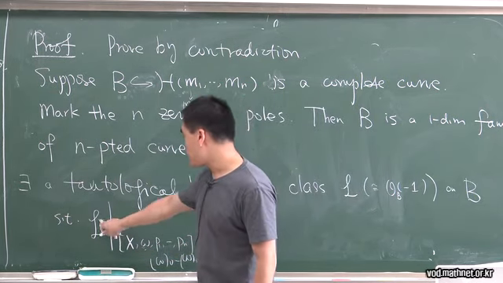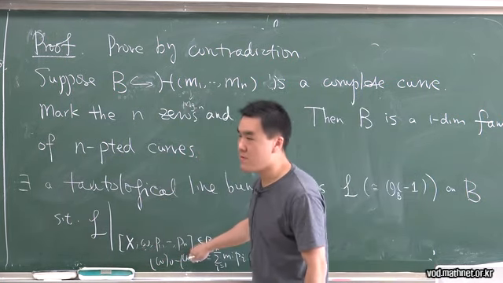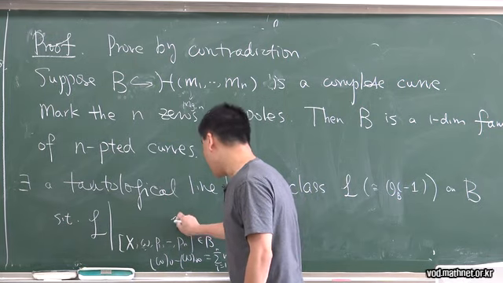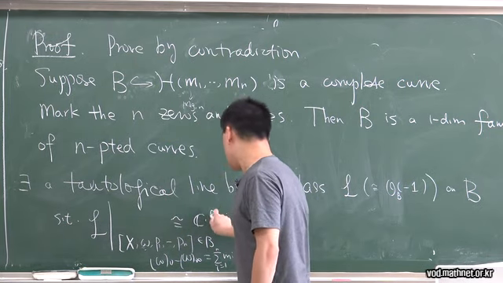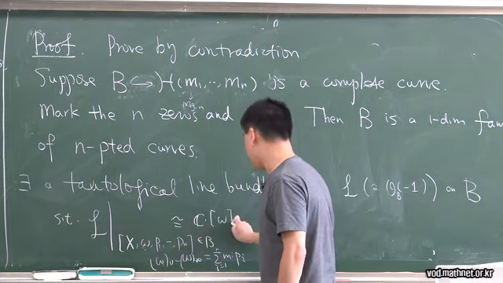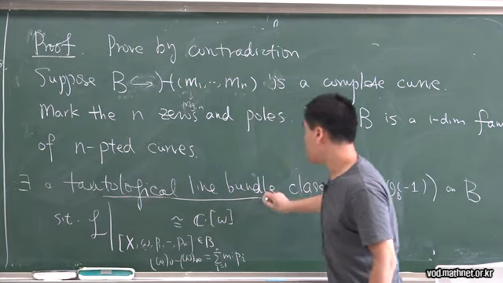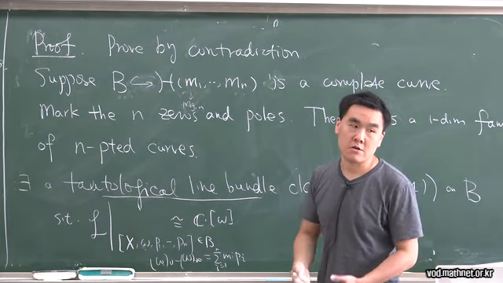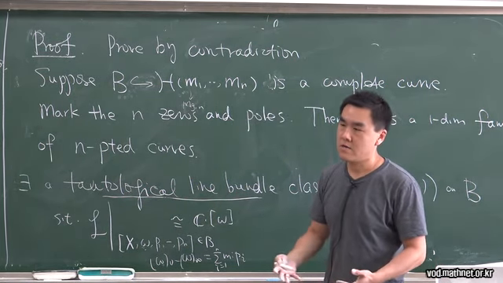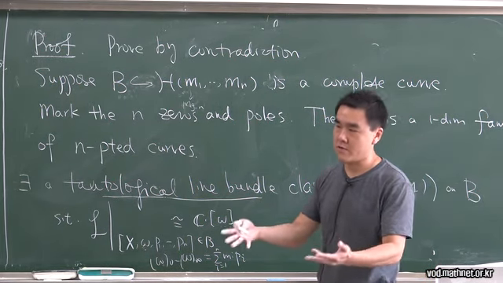So I have a point in B, and I want to describe this line bundle on B. I have to tell you how to describe this fiber restricted to every point in B. This fiber is canonically generated by this differential class. That's why it's called the tautological line bundle. This is really the same as defining the tautological line bundle O(-1) on a vector bundle over a variety or on a projective bundle.